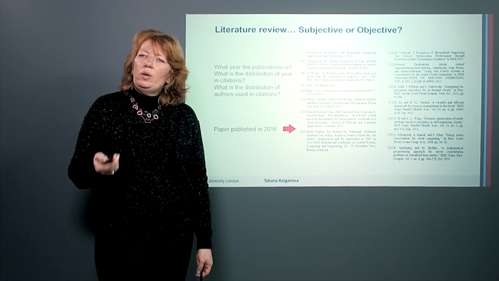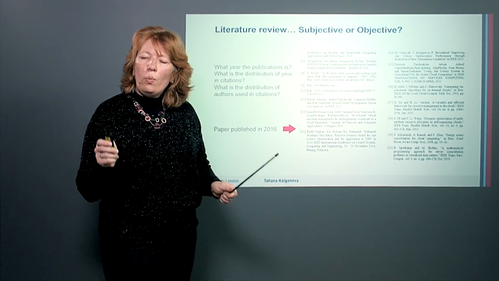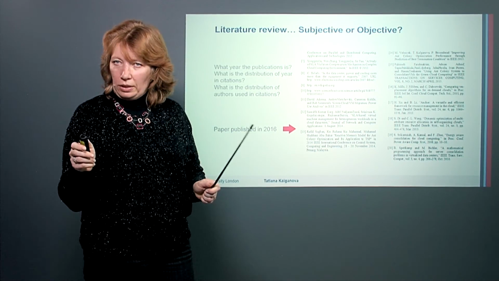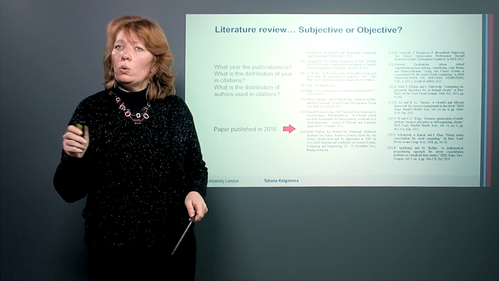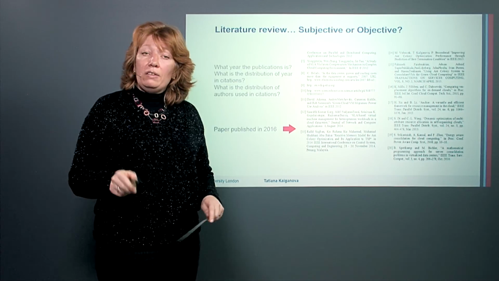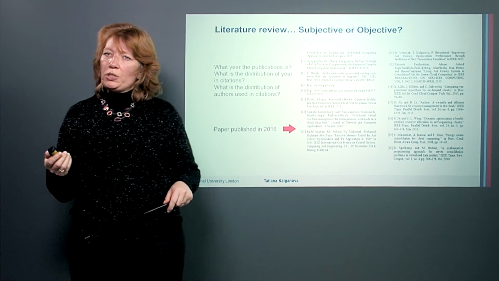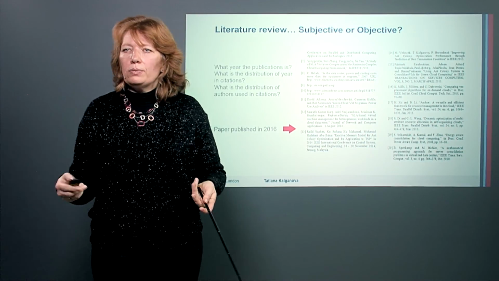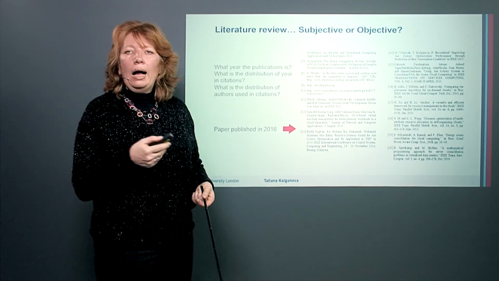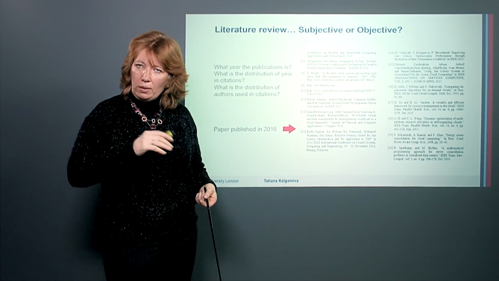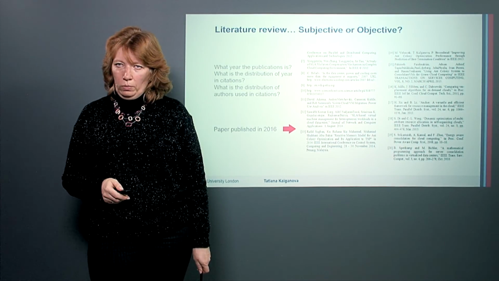Now, we've done our literature review. Have you seen that just by looking at one step of our research process, we can define whether this process is objective or subjective? In this particular case, we can say that the literature review was objective. Have you seen that there are techniques I can use to reach a conclusion about what level of subjectivity and objectivity has been used in completing this literature review?